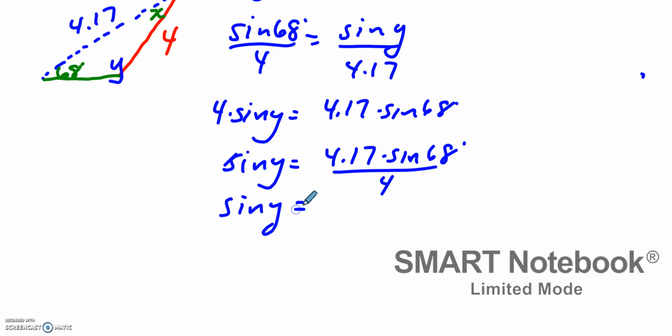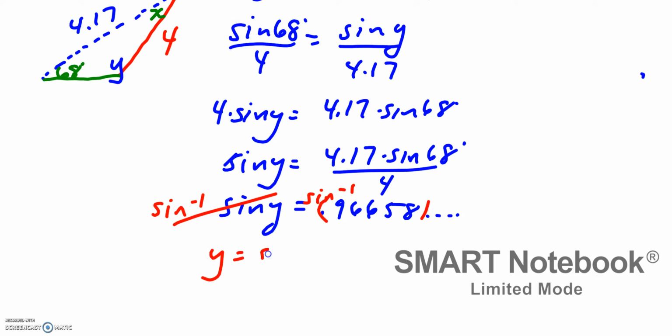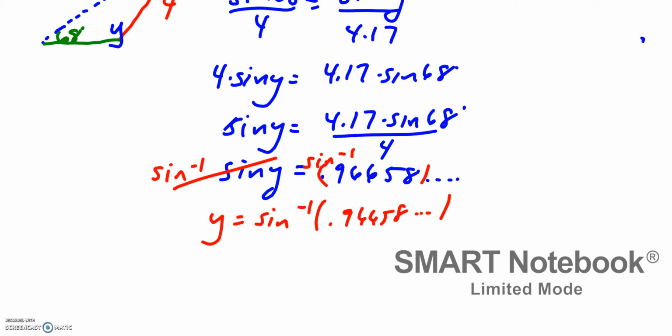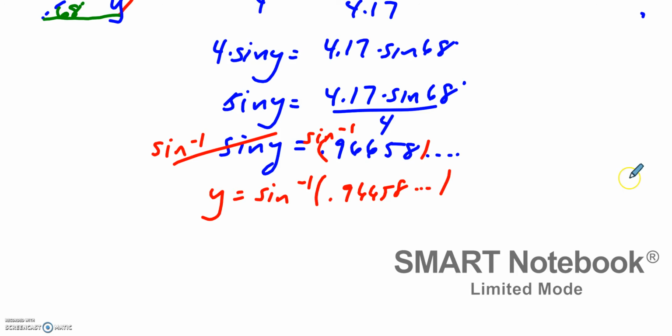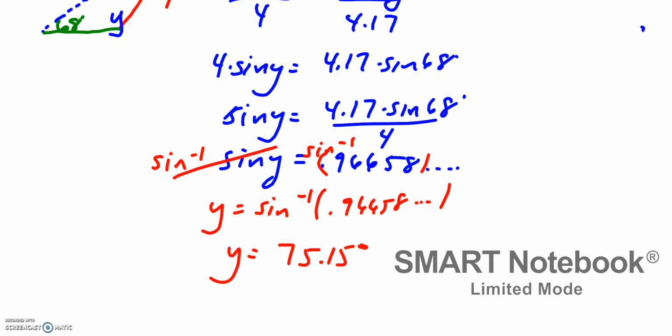Sine of y is equal to 0.96658 and so on. If I want to get y alone, I need to take the inverse sine of both sides. So y is equal to the inverse sine, or arc sine, of 0.96658. Make sure your calculator's in degrees, and we would get that y is equal to 75.15 degrees.